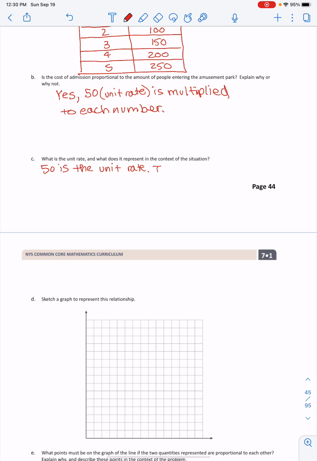It means it costs $50 for each person to enter the park.